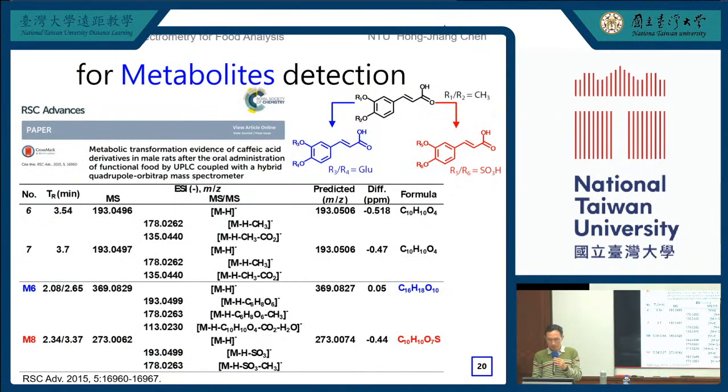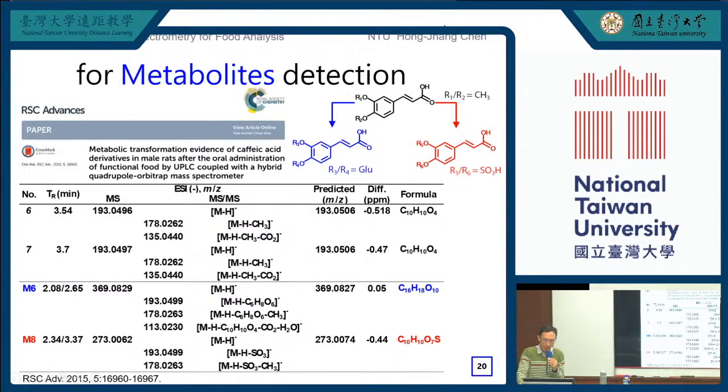Okay, and this one is for metabolite detection. They have many bioactive compounds, right? But as we know, the bioactive compound will transform in our body, maybe into glucuronidation or sulfonation by your liver. So if we want to know the pharmacokinetic study of a pure compound, we can use this type of experiment to do that.